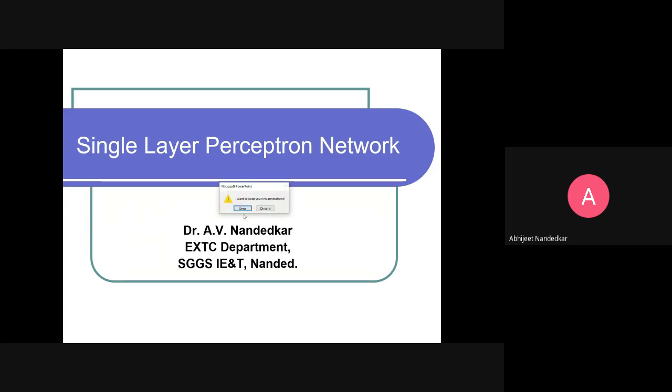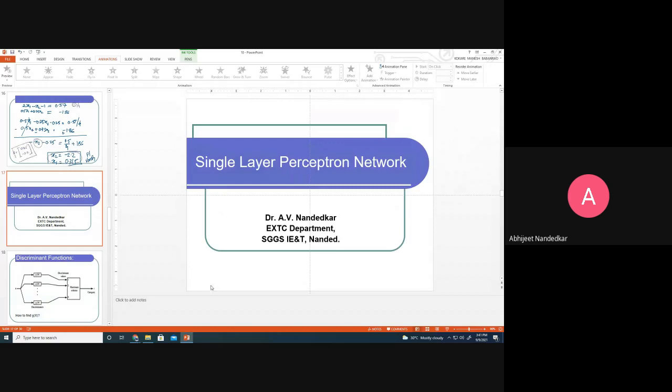Sir, there is a doubt in the assignment. In question number two, they mentioned three parts: O of K plus 1, O of K plus 2, and C is another part. Should we make three different McCulloch-Pitts models, or use one model for each?